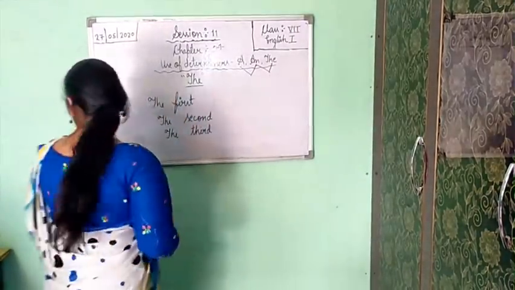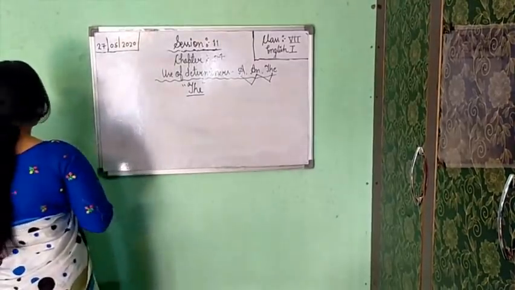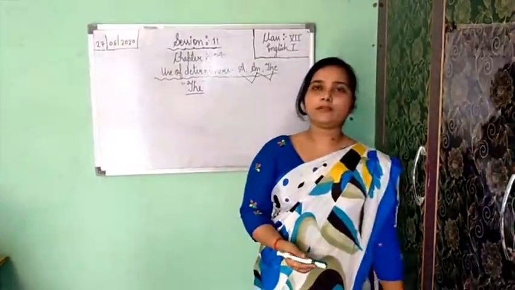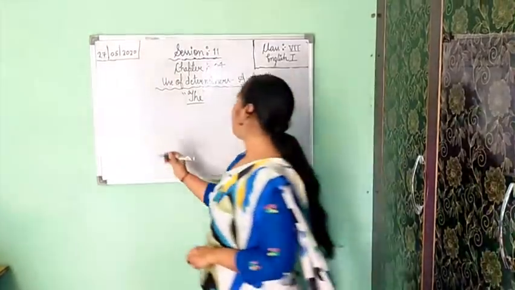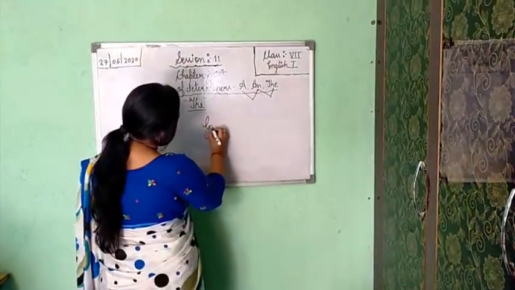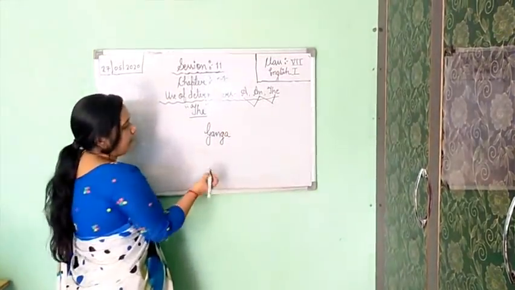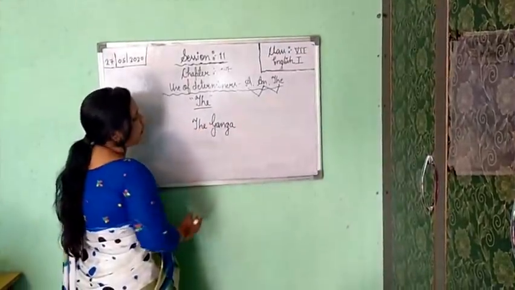Okay. Now the next point is, if you are getting the name of a river, you will use the determiner "the". For example, Ganga. Ganga is the name of a river and also it is a particular name, so here we will use "the". Okay.